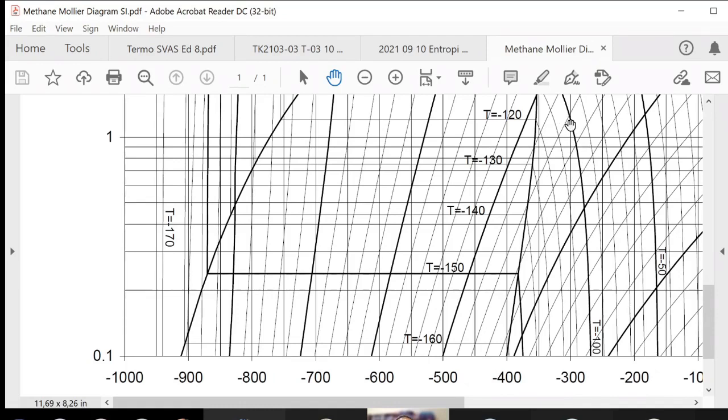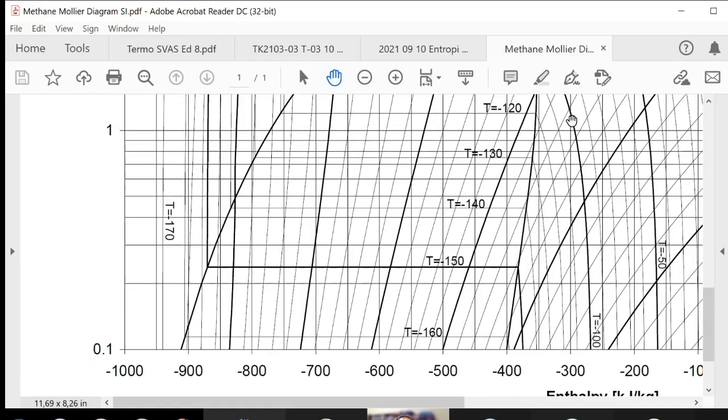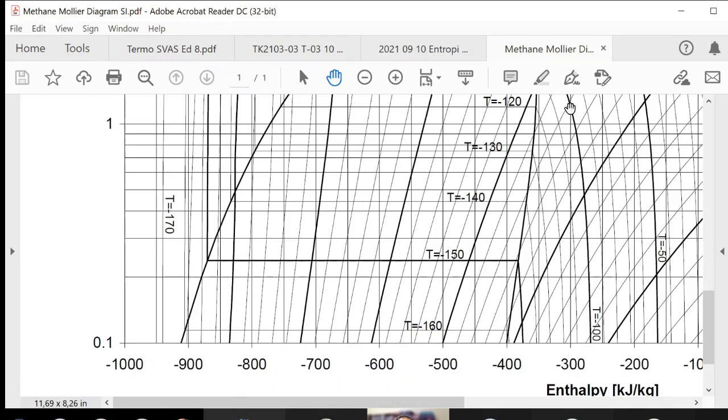The position is over here. This is a superheated vapor. The temperature is minus 100 Celsius. Now I'm asking, what is the enthalpy of this point? Please respond. Minus 300, sir. Okay, let's read over here. Yeah, that's correct. Minus 300.